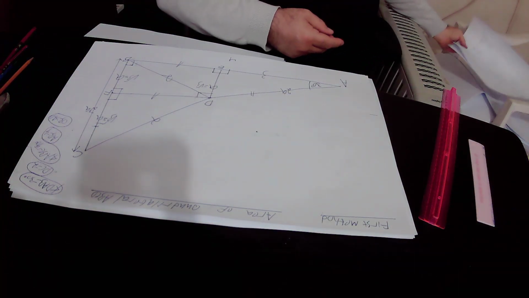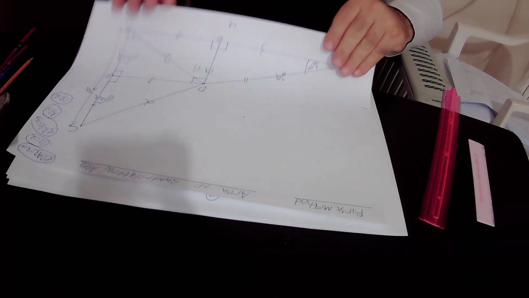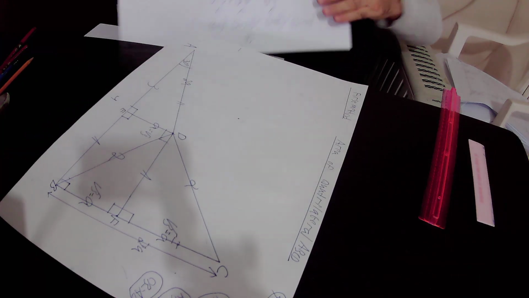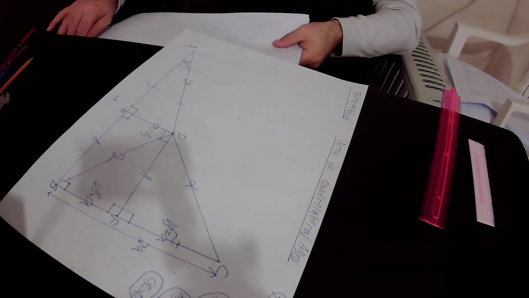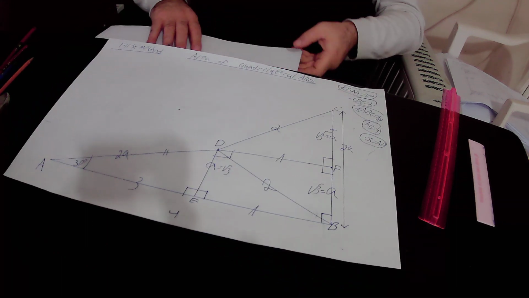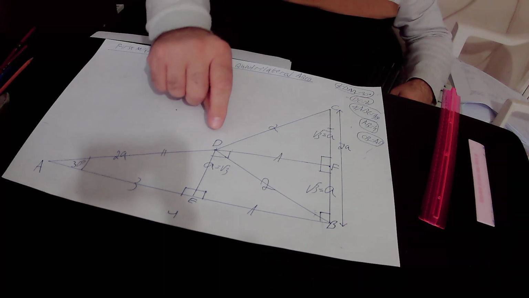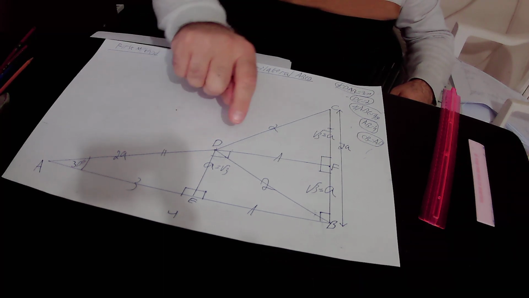Actually, we found out the area of quadrilateral ABCD by using 2 different methods. In the first method we drew a perpendicular from point D to AB.